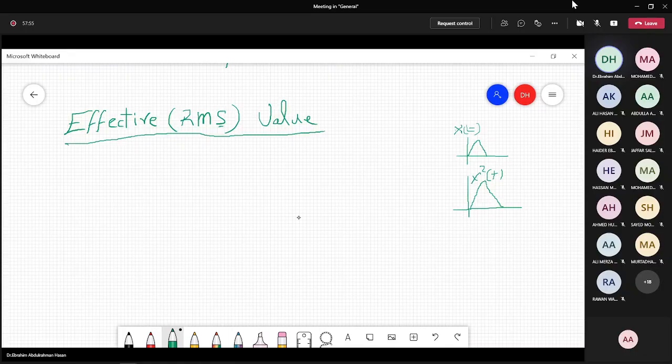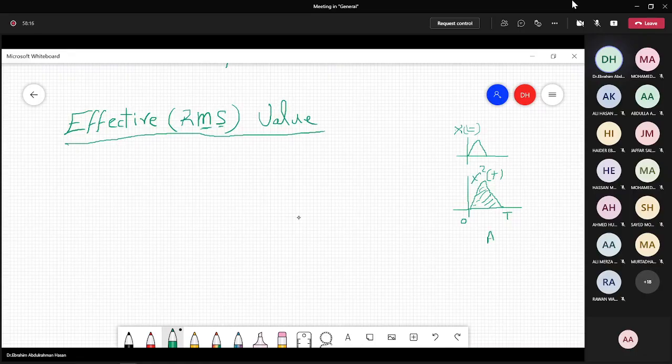Second, find the mean. Mean means average. If it is from 0 to T, the average is the area under the curve divided by T. So area under the curve of x squared divided by the interval.